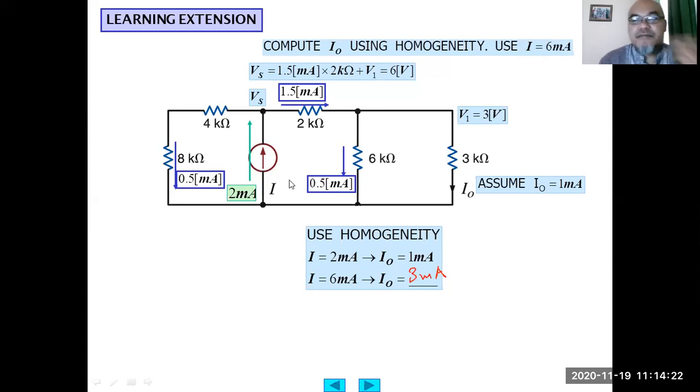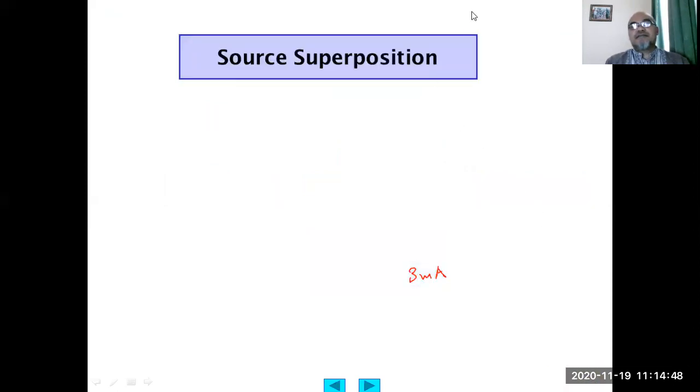So how many times is it from the backward calculated result from the previous assumption? From there, we multiply the assumed current with that multiplication factor to obtain the correct parameter. So this is the homogeneity principle.